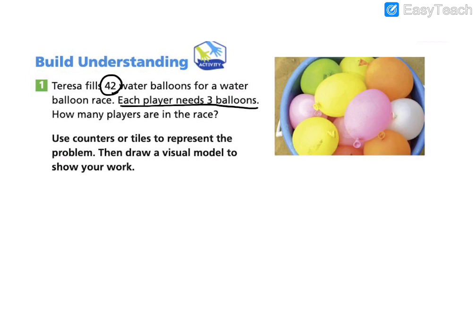So I'm going to go ahead by starting out with drawing my 42 water balloons. You can go ahead and draw your 42 water balloons. I'm going to draw them with groups of 3 just to help me keep it organized and also to keep my count to 42.